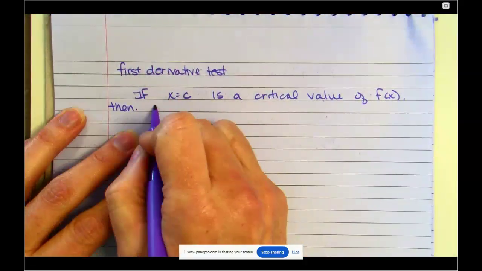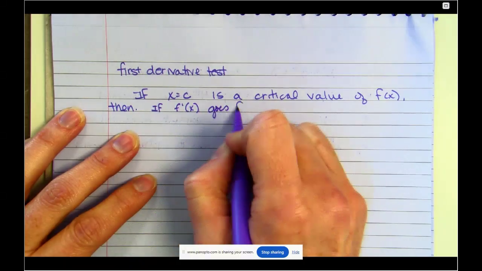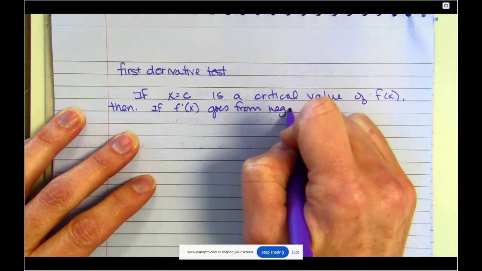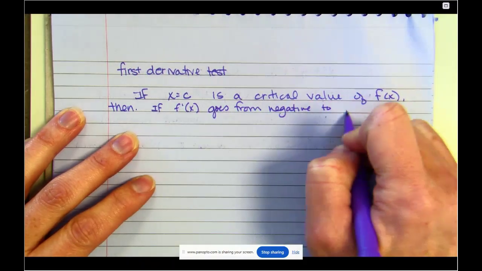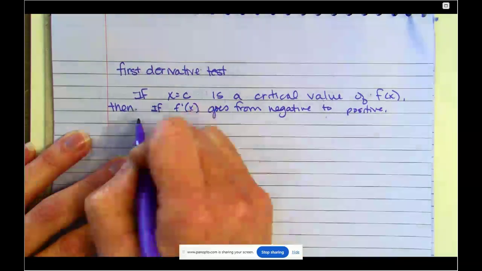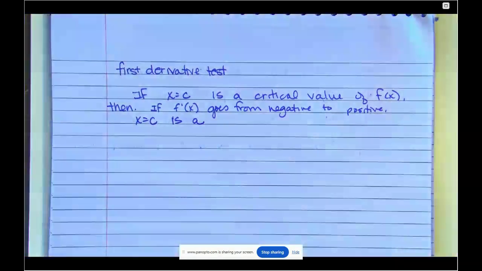Then if f prime of x goes from negative to positive, x equals c is a relative minimum.